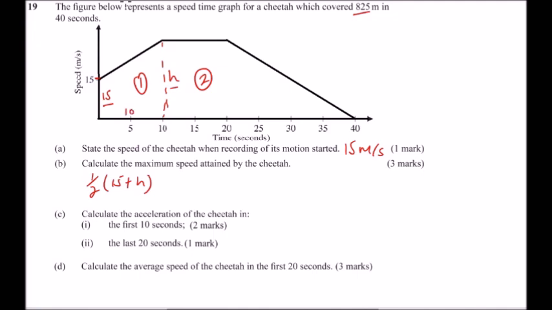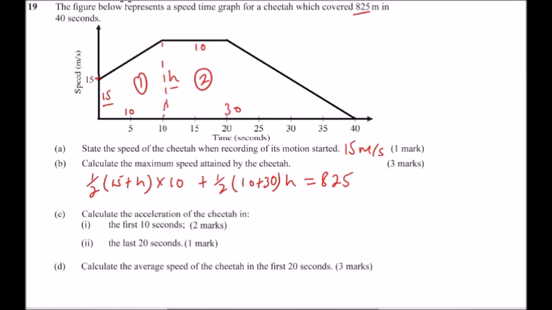Then we add the area of this, it is a half. Here it is 10. Here it is 30, because we have subtracted 10. So we say it is 10 plus 30, and you multiply by the height. That should give you the total distance covered by the cheetah, which we are given is 825.